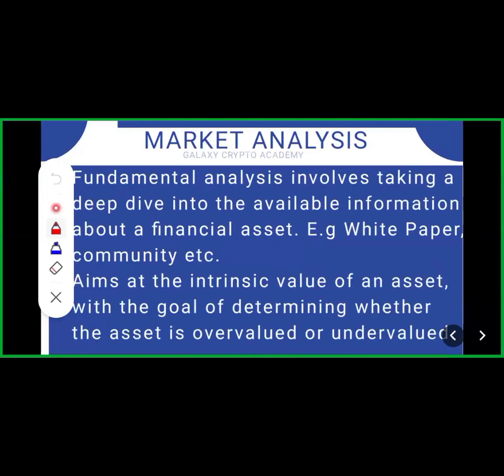Now, when you talk about fundamental analysis, you are trying to look at an analysis that involves taking into consideration a lot of information with regards to a particular crypto project, right? When you're doing a fundamental analysis, you're not only looking at the coin in a smaller perspective. You look into all the available information.